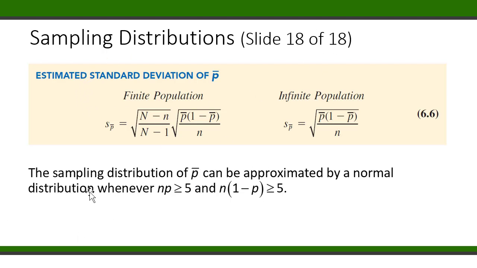The sampling distribution of p bar can be approximated by a normal distribution, and that's what we want again, when n times p is greater than or equal to 5 and n times 1 minus p is greater than or equal to 5. If we meet those two criteria, then we can say that the sampling distribution of that proportion is normally distributed.